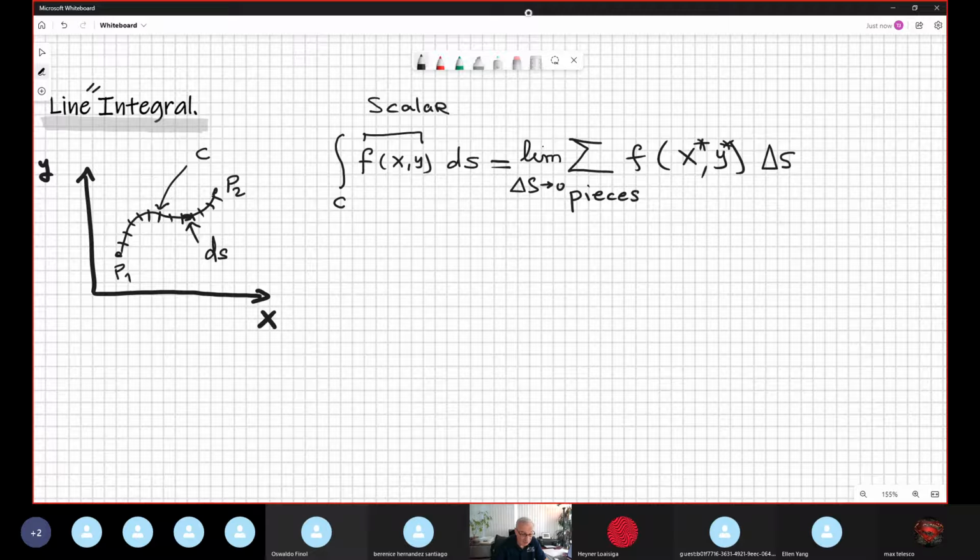Entonces, it's the same. Basically, you have a curve, you are doing the partition, you plug in the values x and y of the partition into the function, a hypothetical function. I don't know what the function f is. And you multiply, you add, Riemann sum, and make the infinitesimal small, and you get the line integral.